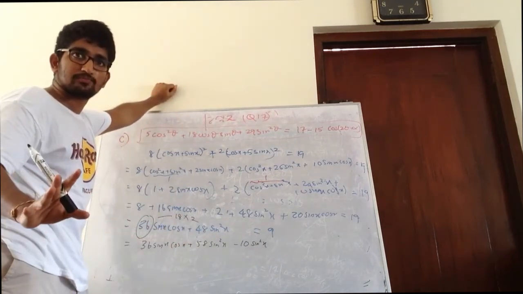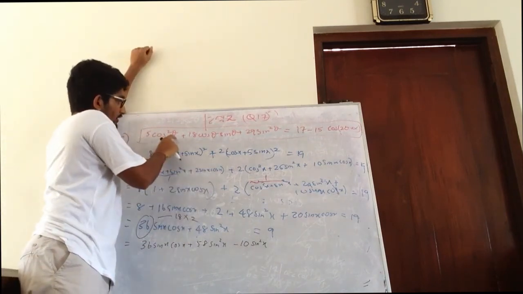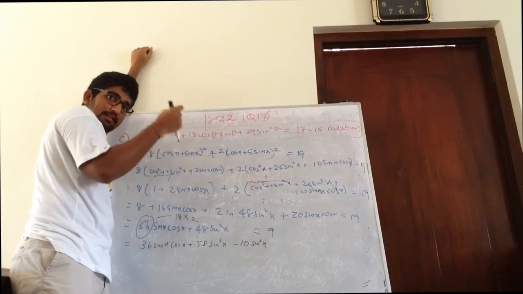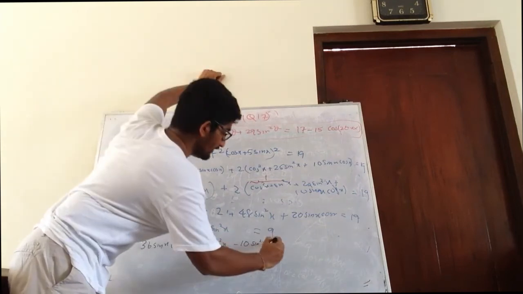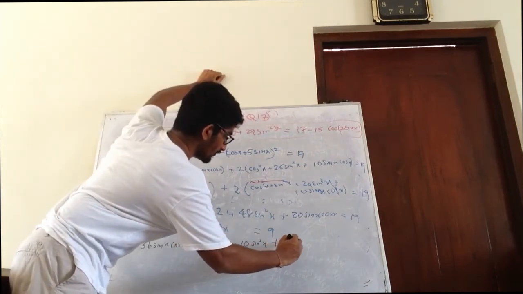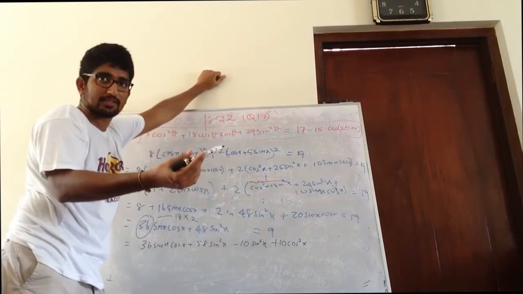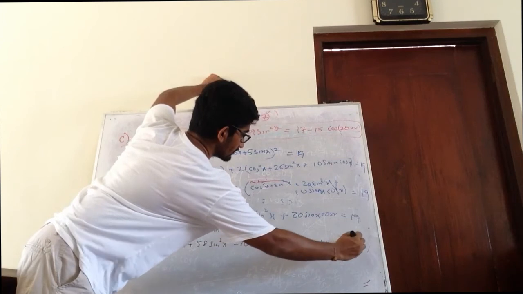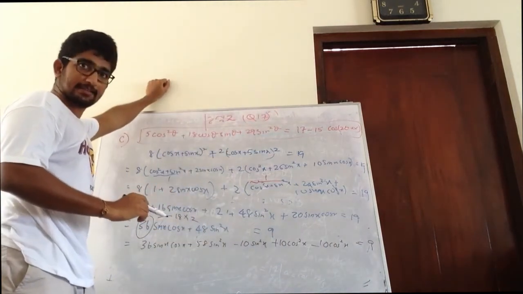No problem, right? So then there is 5 cos theta, so I need the double of it. That means I need 10 cos square theta. So if I add it, I have to subtract it as well. Minus 10 cos square, that is equal to 9. Correct?